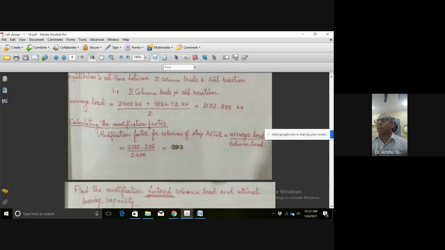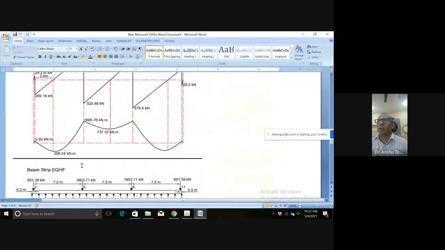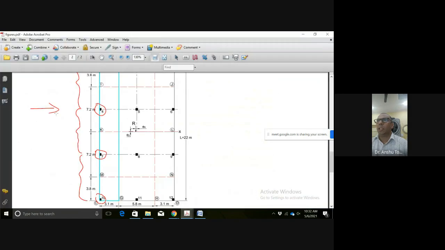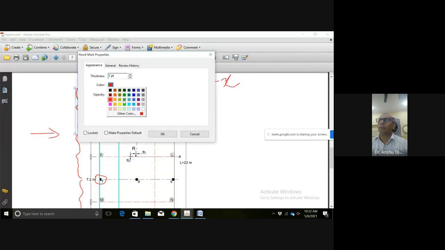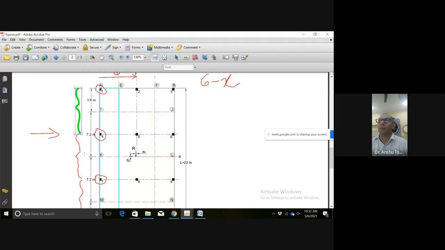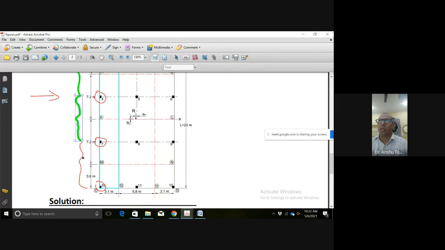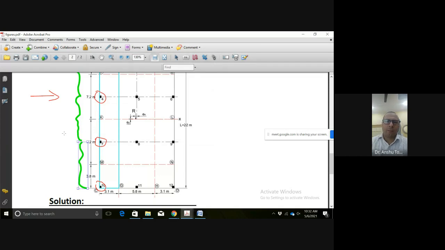And these are the distances which we have just seen, from one column to another column. I have made them the same color so that you should not be confused. These are basically the 3 things we require for plotting the loading diagram, for finding out the bending moment and shear force diagram.